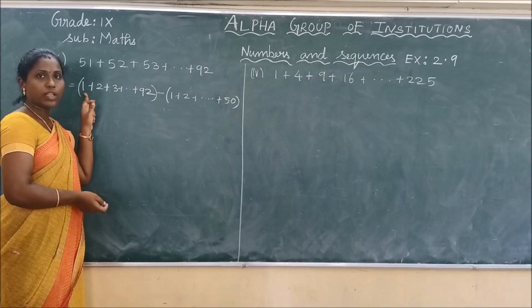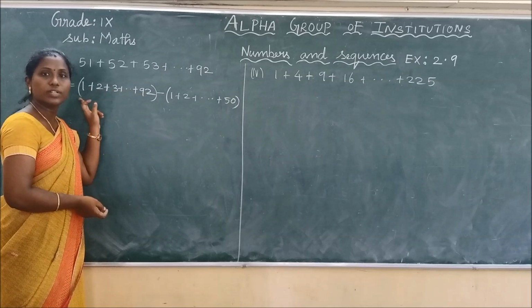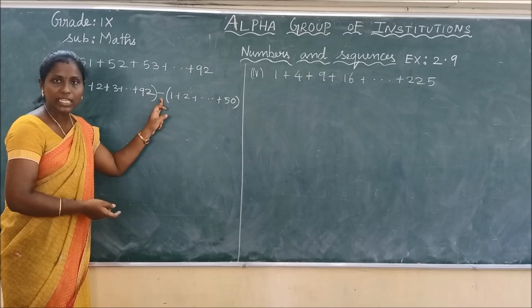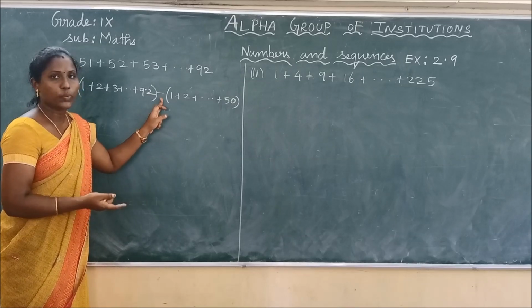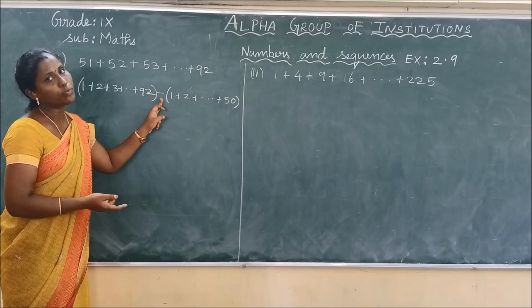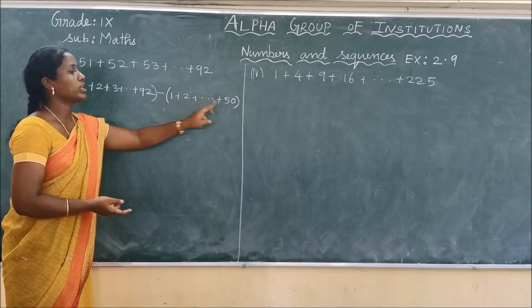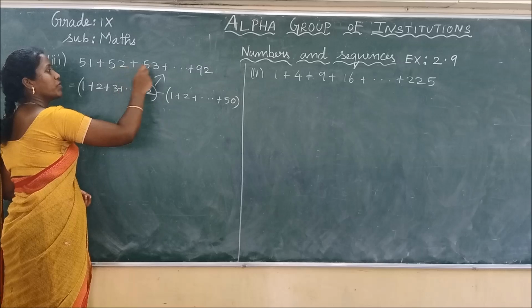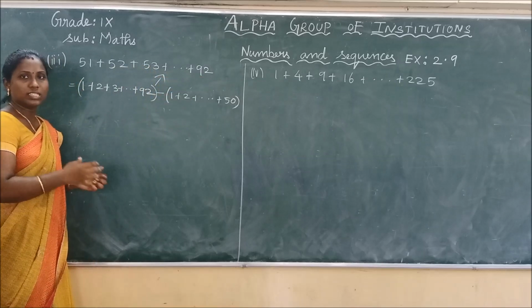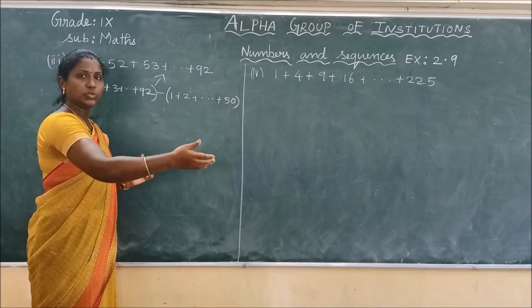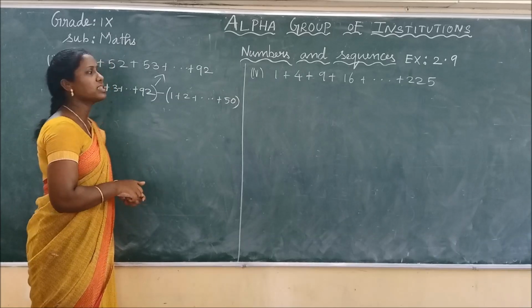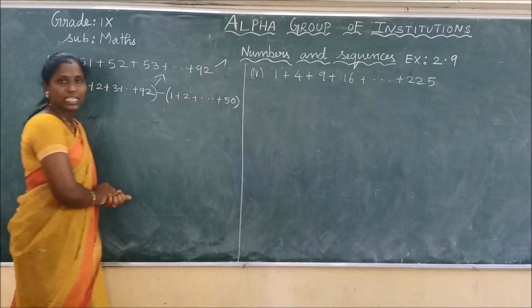We take 1 to 92, the full natural numbers, and we subtract the summation which is not in the question. What is not in the question? Up to 50. So we just subtract 1 to 50. This will give you the result of 51, 52, 53 up to 92. Just take 1 to 92 and subtract 1 to 50, so the right answer will give you the sum of this series.